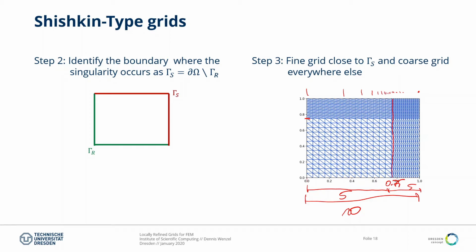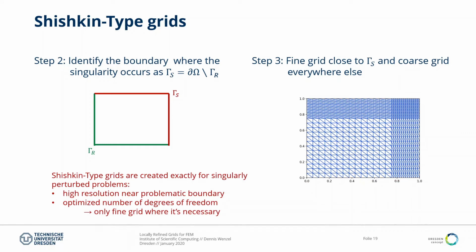Our problem has a singularity occurring at this problematic boundary here. So we said, okay, we know that there is a problem at this boundary, so let's make the grid finer so that the solution is able to adapt to the boundary conditions much better. And that is that.